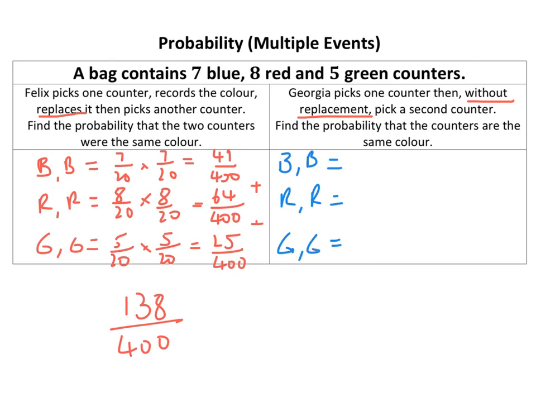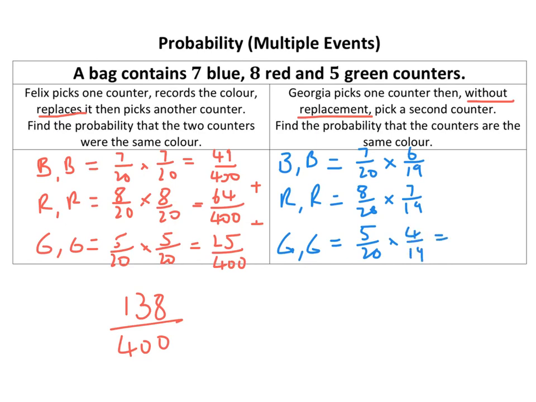Now this time, because she doesn't replace the counters, the probability changes for the second pick. So that's what you've got to be aware of. And we've got 5/20ths times 4/19ths.